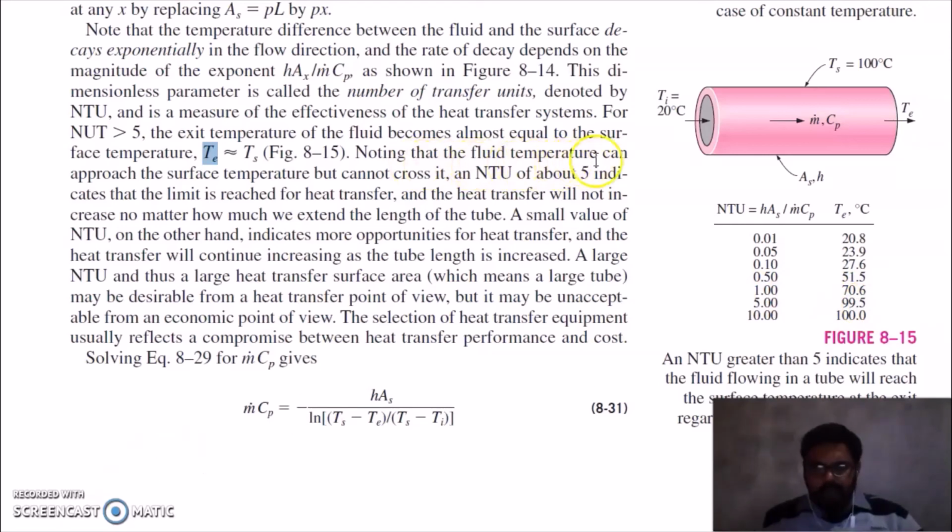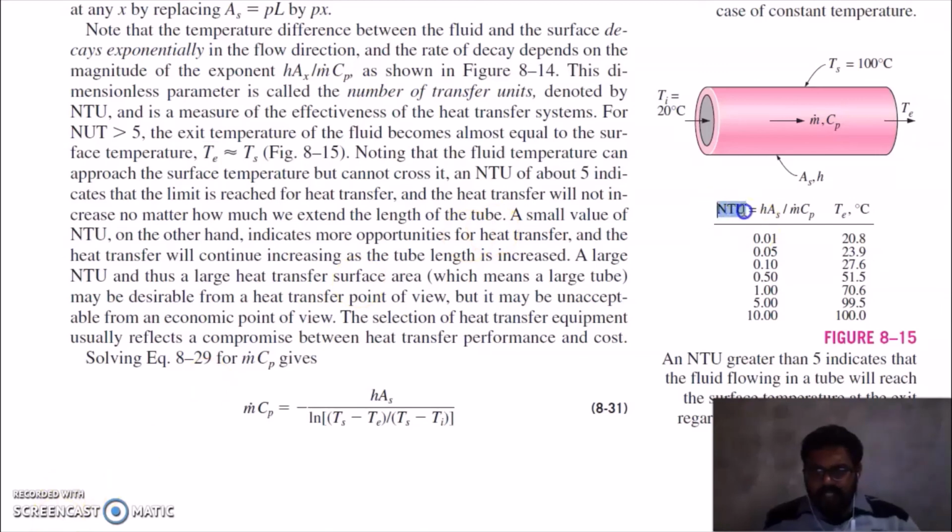Noting that the fluid temperature can approach the surface temperature but cannot cross it, because surface temperature is higher than the fluid temperature. So fluid temperature cannot exceed the surface temperature. An NTU of 5 indicates that the limit is reached for heat transfer, and the heat transfer will not increase no matter how much we extend the length of tube.